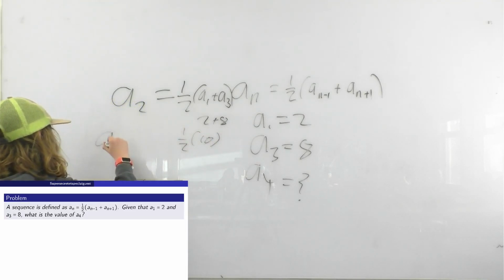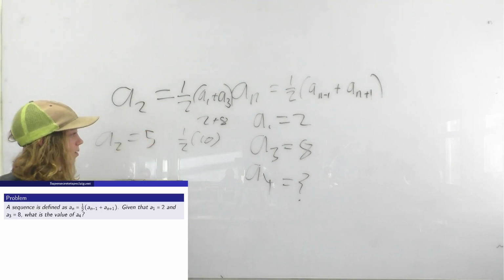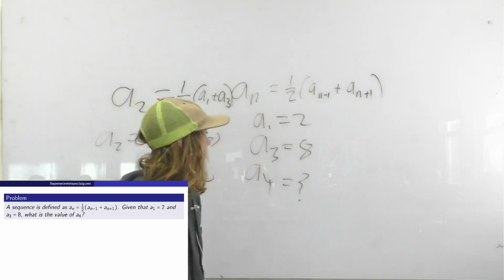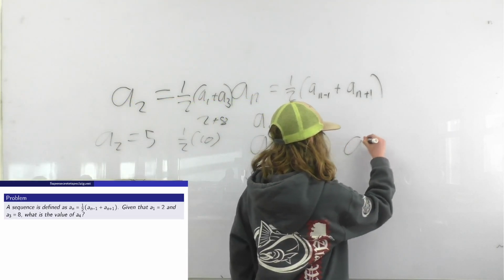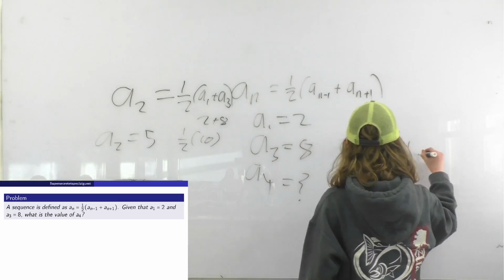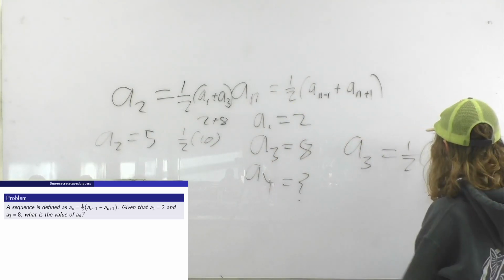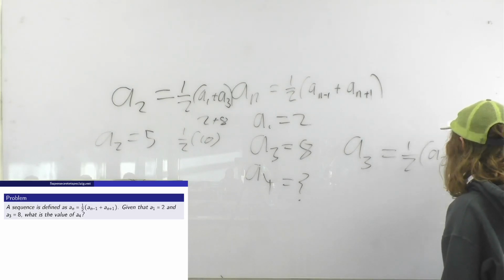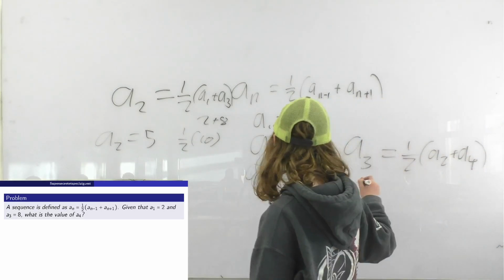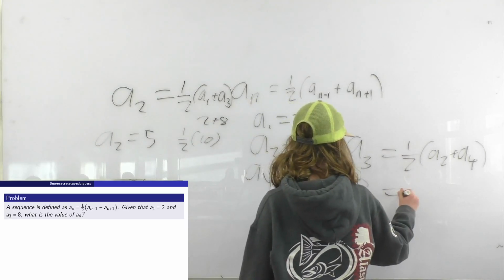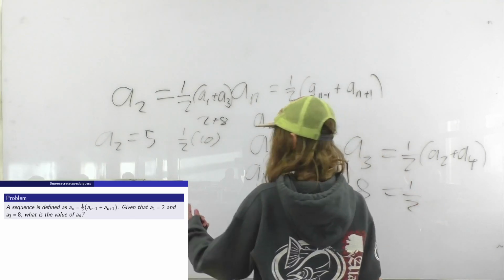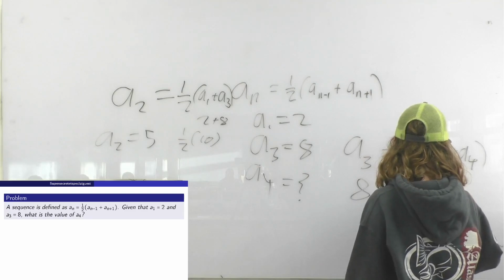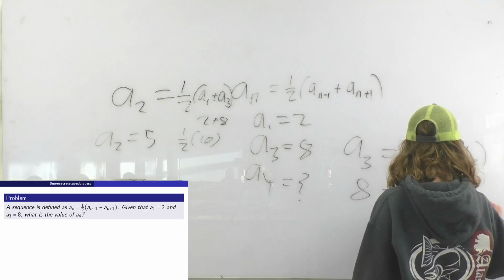So a_2 is equal to 5. Now that we have this, we can plug in a_3 equals 1/2 times a_2 plus a_4. Now we know a_3 is 8, and we know that a_2 is 5. And then we have a_4.